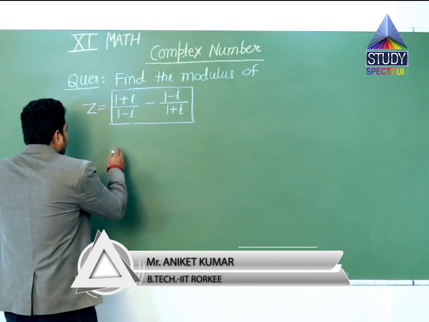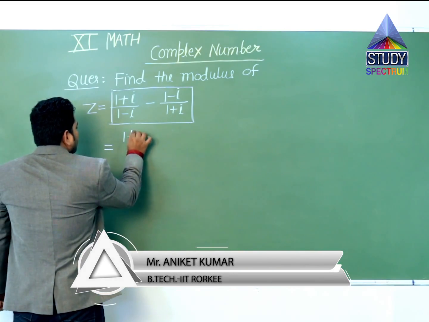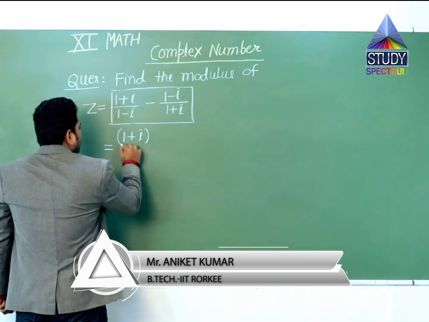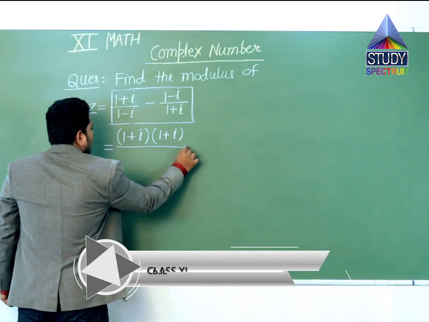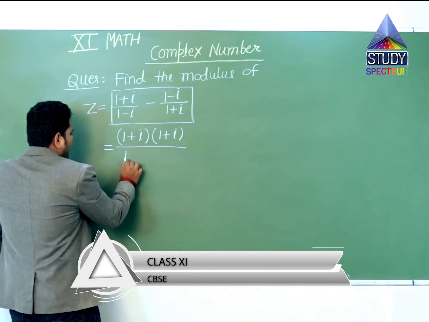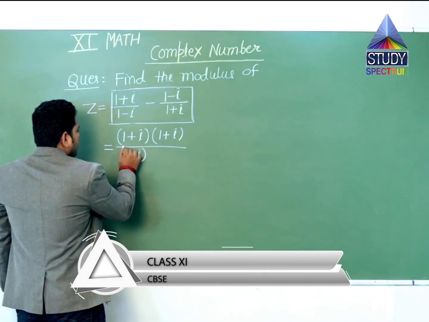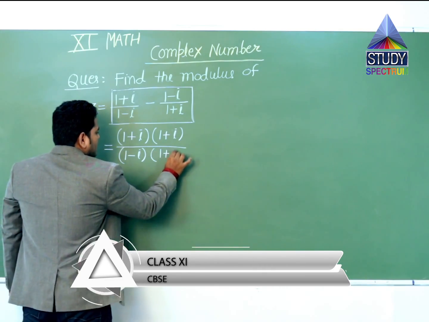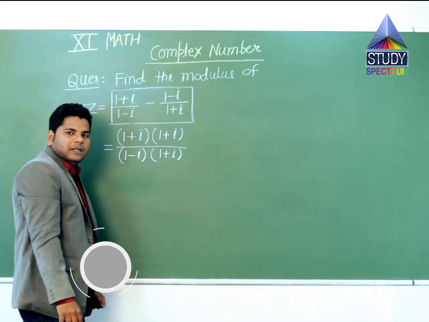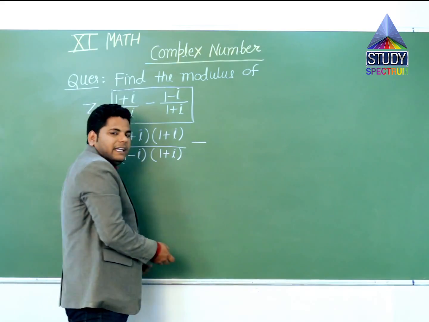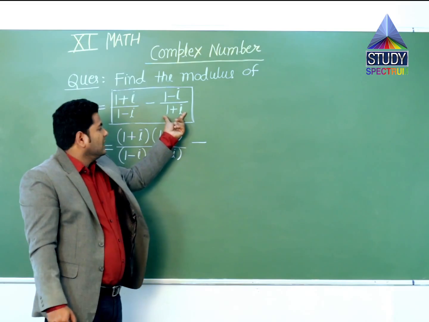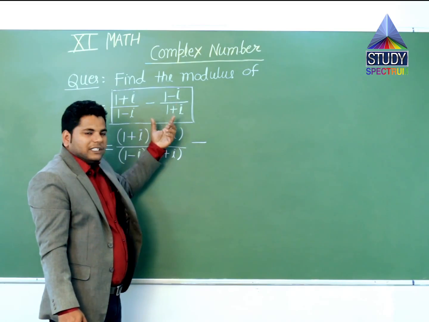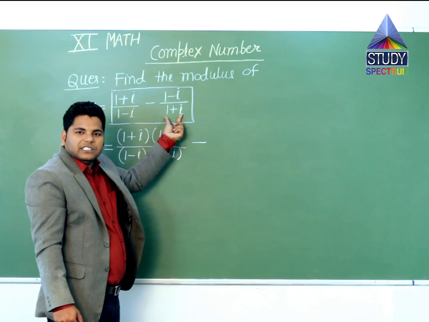So (1 + i) into (1 + i) upon (1 − i) into (1 + i). Minus, in the same way, we'll make the denominator a rational number, so we'll multiply numerator and denominator by changing the sign between these two terms.